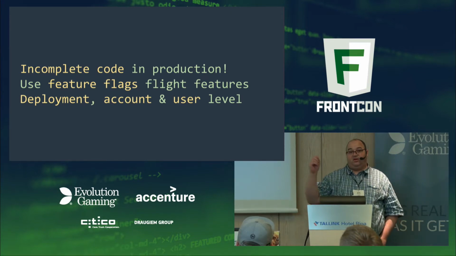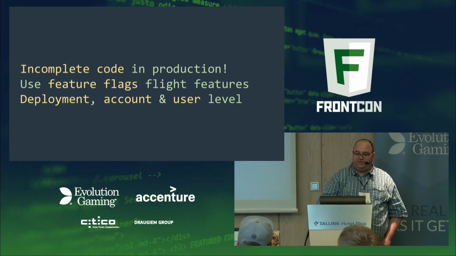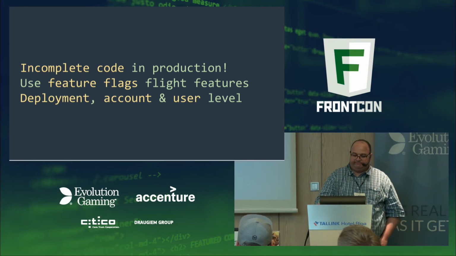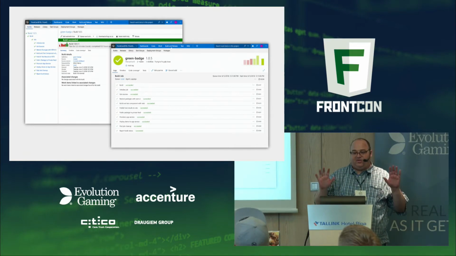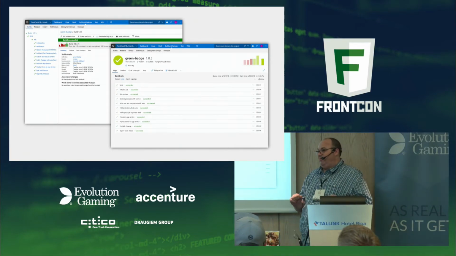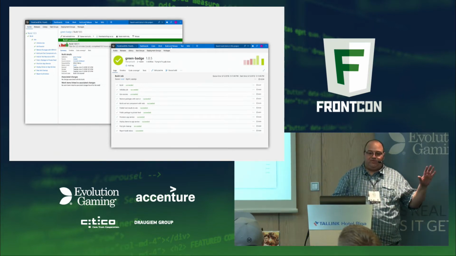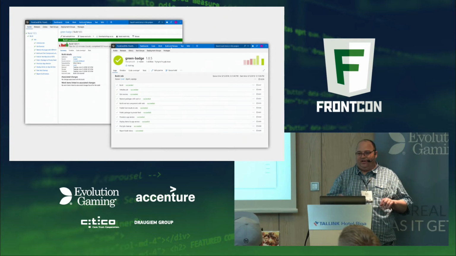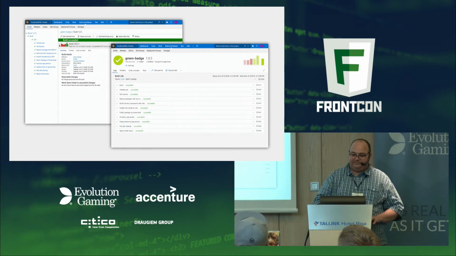So within VSTS, you can go and turn on features which are in an experimental state. But there is a lot more behind the scenes that the end users don't see. So here's an example of what that might look like. This is actually the same page within VSTS with a simple feature flag turned on or off. It's the build status page, and literally you can just alternate between the two with a feature flag as an end user.